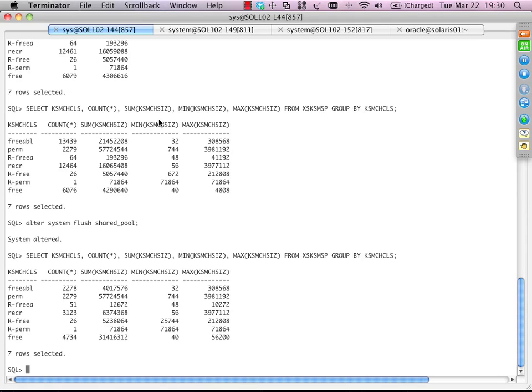If you have 8 kilobyte block size, then all the buffers in the buffer pool will be 8 kilobyte. You don't have like 9 and 7 kilobytes. This is when fragmentation is a problem. So you cannot have fragmentation if all your buffers are the same size.